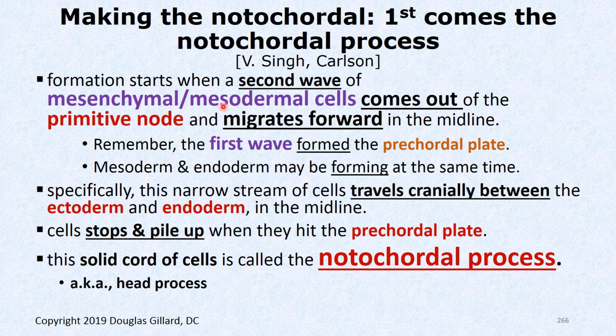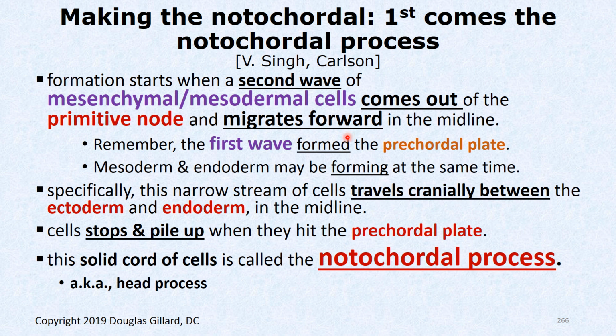It grows little pseudopodia, so it can crawl and actually move. So the first wave, as we'll recall, made the prechordal plate. So after the prechordal plate is formed, another wave of cells migrates forward, goes through the primitive node and primitive streak, and mainly through the primitive node, is transformed there, and it migrates forward to form this notochordal process.